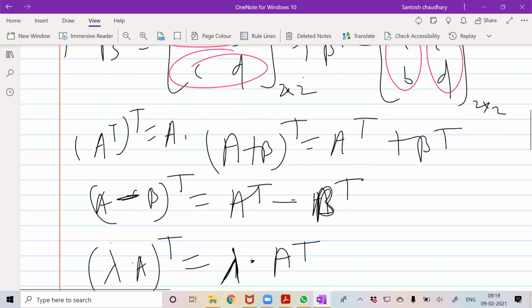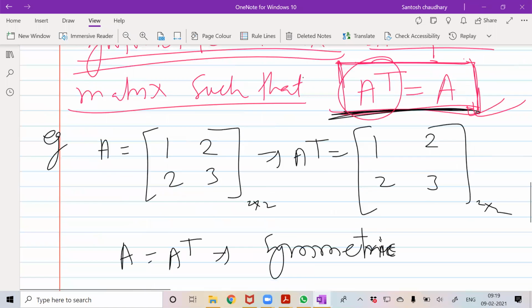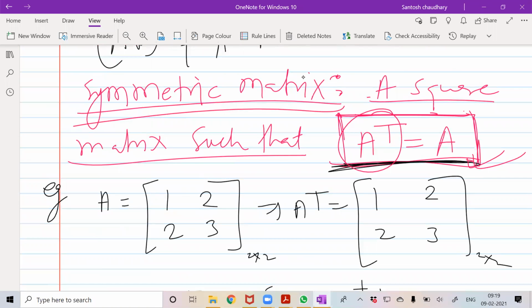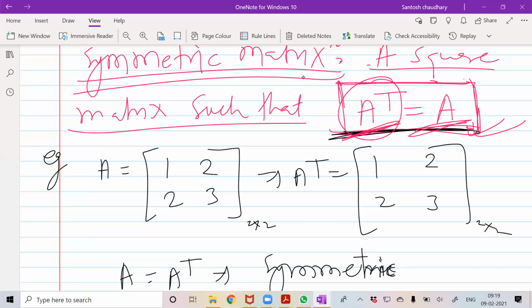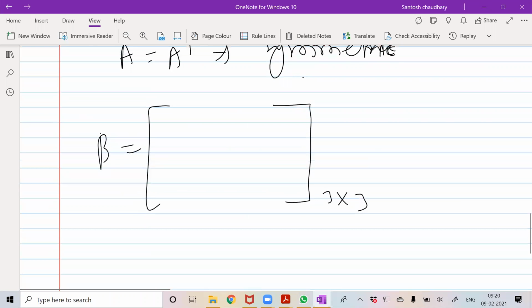So after interchanging rows and columns, a symmetric matrix is a matrix where A transpose becomes equal to A. I have given one example of 2 cross 2. What you have to take care of is that the first row is the same as the first column, and the second row is the same as the second column. Then you will get the same transpose. I asked you to write one 3 cross 3 matrix. Can anyone write it? Please tell me one example.